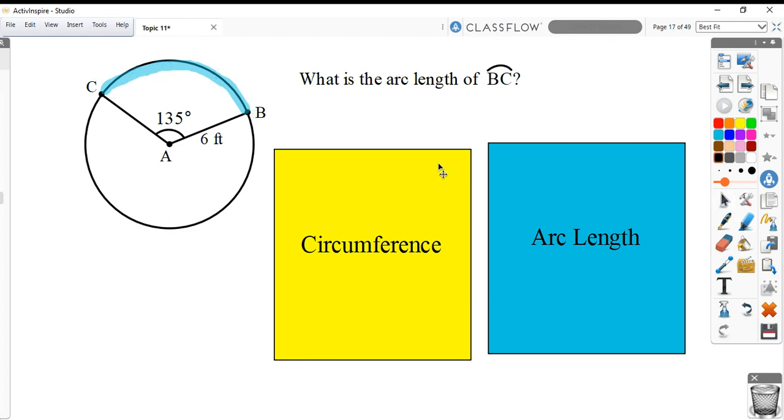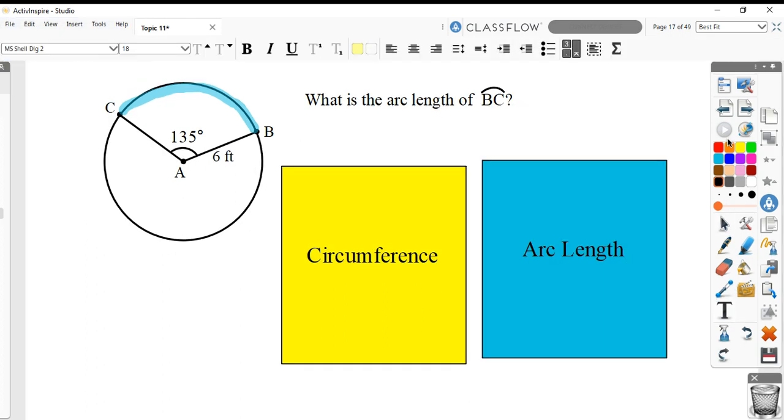You can see that the angle that it gives us is 135. You can see that the radius on this circle is 6 feet. So if we're finding the circumference, okay. Actually, before we get too ahead of ourselves, I want you to go ahead and write down 3 steps to solve a problem like this. Step number 1.